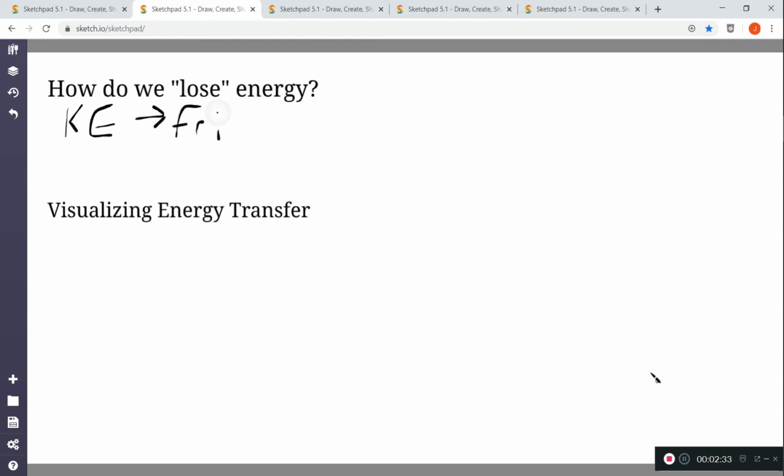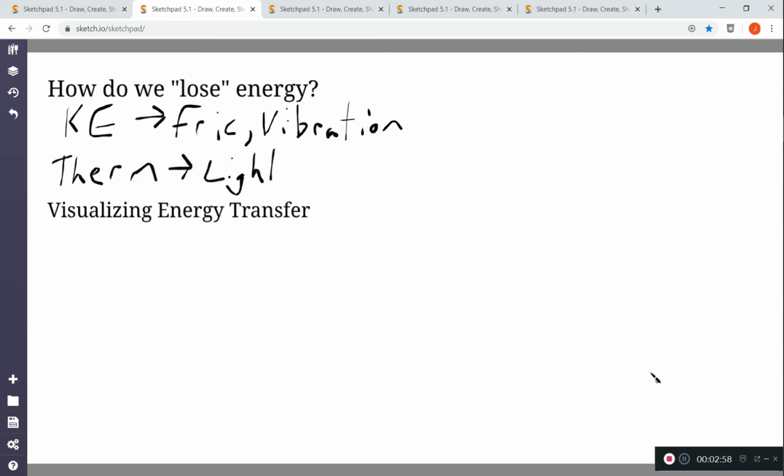or vibration. Friction is a form of thermal energy. Vibration is another form of kinetic energy. We can lose thermal energy due to light energy. When it creates light, it expends energy to do that.